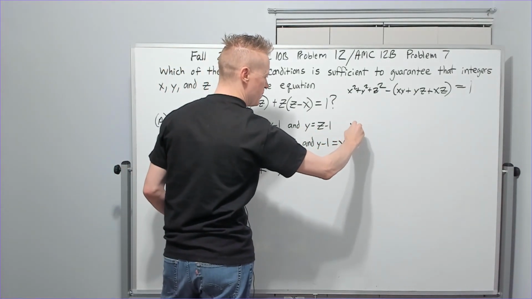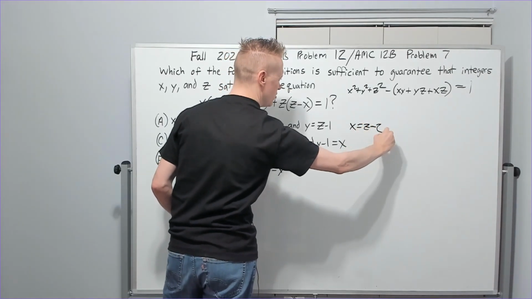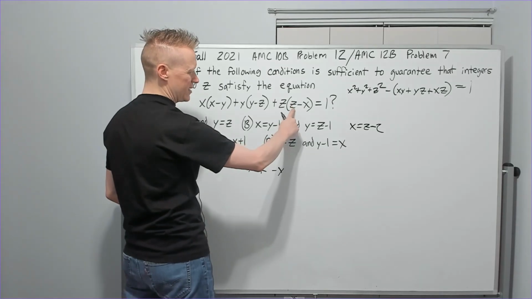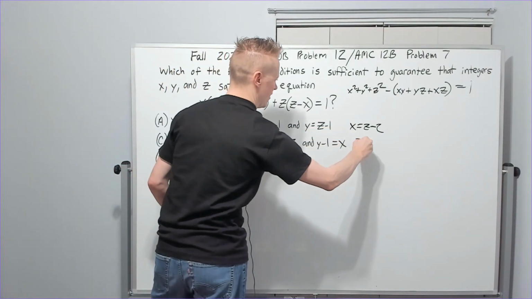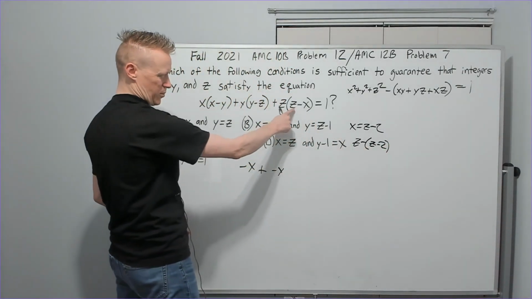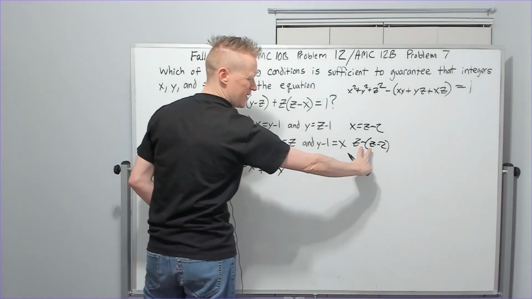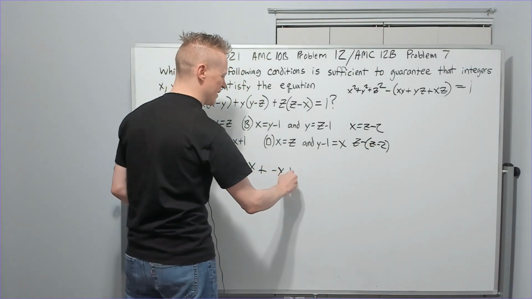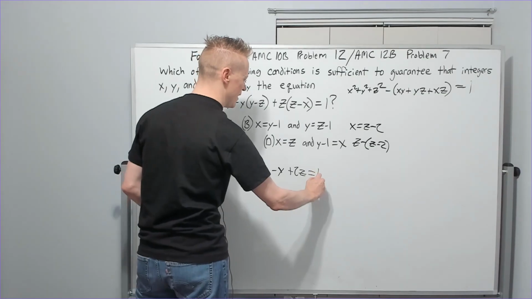So you would basically be able to conclude by substitution that x is z minus 2. Now what would I have? I'd have z minus 2 as the inside part of this expression. So that's going to give me 0, negative 2 is 2 times z. I get plus 2z would equal 1.